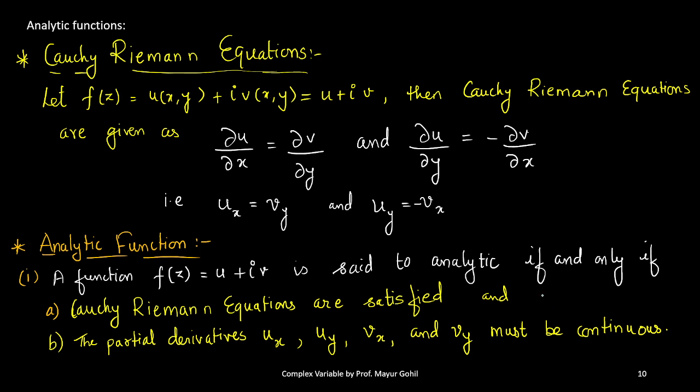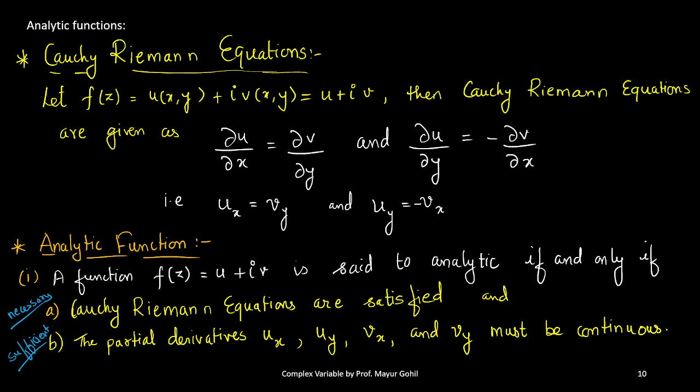I'll just mention here that the first condition is a necessary condition, and the second one is a sufficient condition. So if these two conditions together are satisfied, then the function becomes analytic.